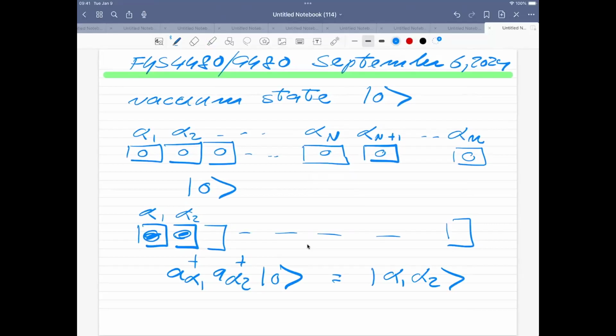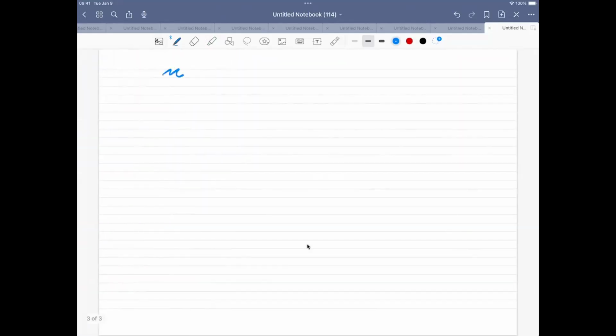Now, suppose that we have only 2 states. This is a simplified system. Just for the sake of simplicity, we assume that n is equal to 2. If we then look at one of the states, alpha 1, alpha 2, in principle this is just the tensor product of alpha 1 and alpha 2. And we could think of our orthogonal basis.